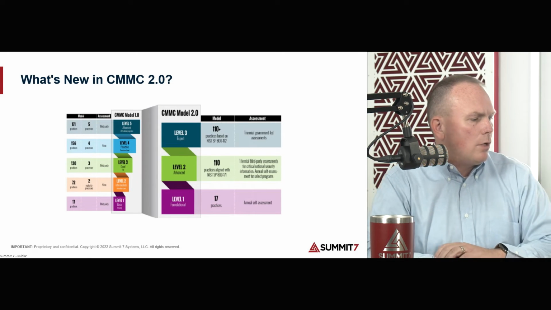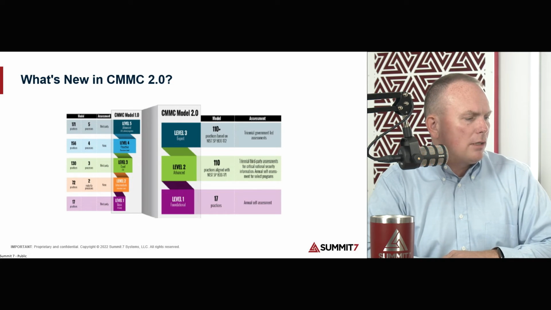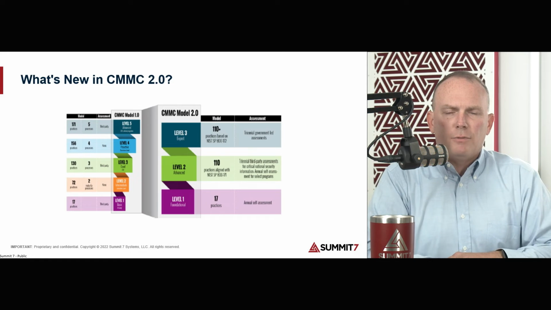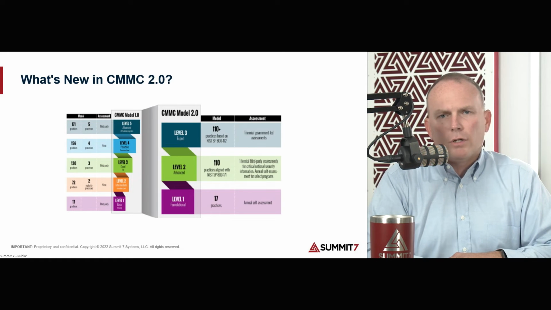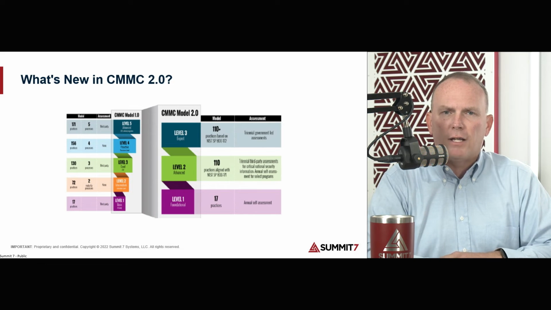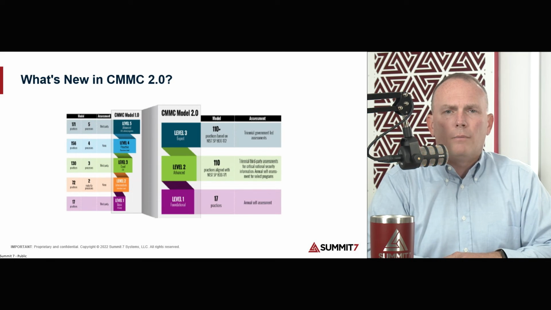Okay, so a couple questions. One, how do I know what level our company is? Basically, you're going to have to look at the type of data that you manage. Are you managing controlled unclassified information? If you are managing controlled unclassified information as defined by NARA in the CUI registry, then you will be at level 2, at minimum.